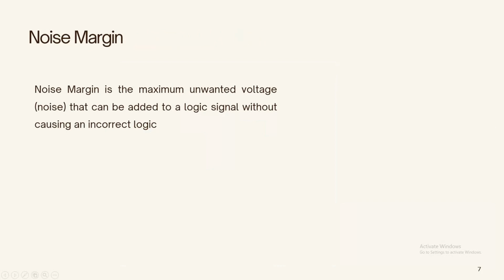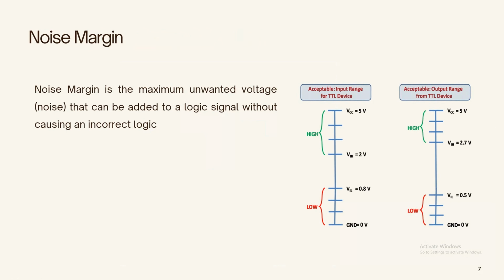Let's briefly talk about the noise margin. The noise margin is the maximum unwanted voltage that can be added to a logic signal without causing an incorrect logic. From this figure, we can see the input and the output range for a TTL device.